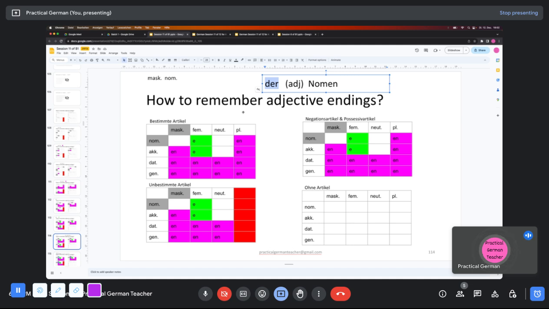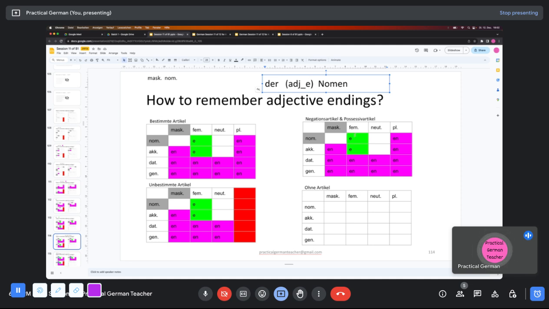In this scenario, der will already be there, so the sound of "er" is already there. The adjective need not end with "er" again, so it will only end with E. So when you have this scenario, bestimmte article, masculine nominative, and we are trying to figure out the adjective ending, the sound of "er" is already there in the actual article. So the adjective ending need not end with "er". It can just end with E.